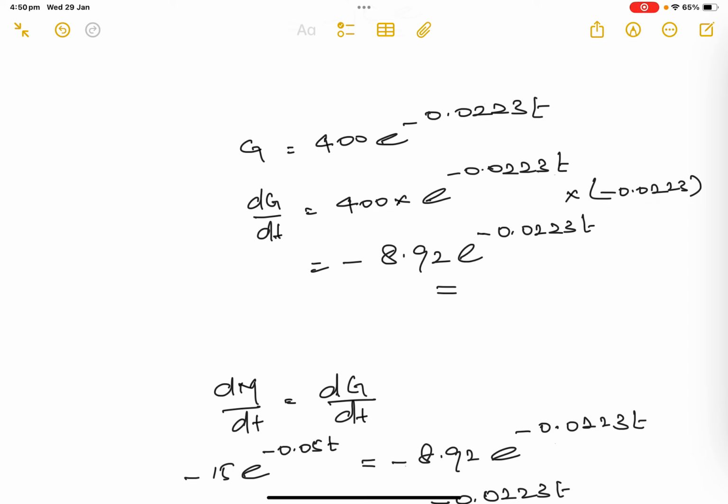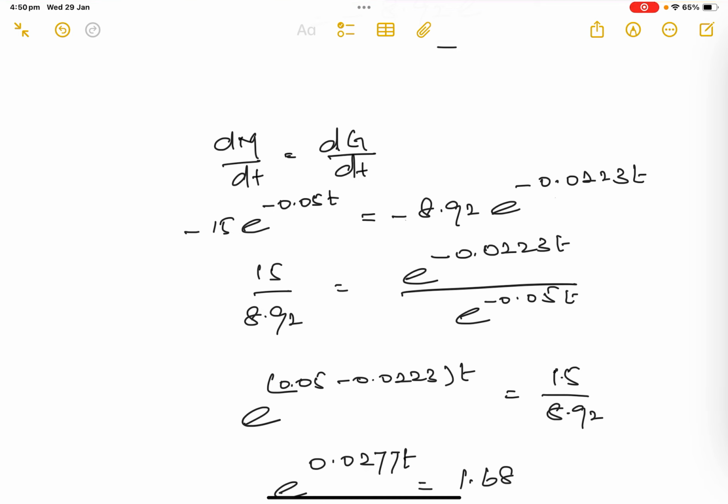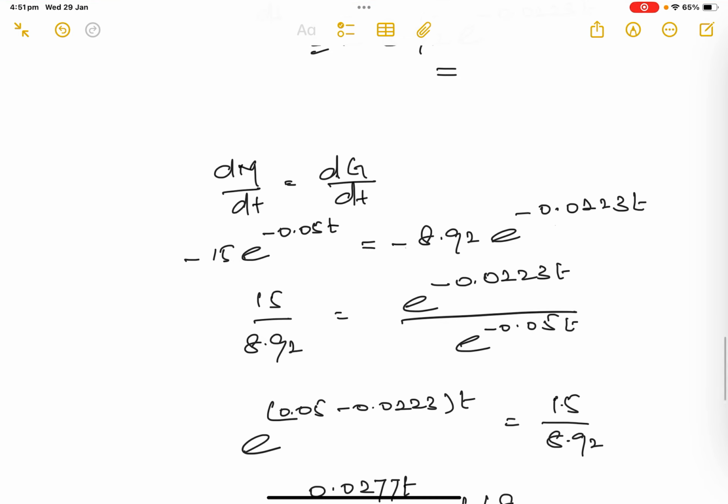Then take the minus to the front. 400 times this, using the calculator, is 8.92. So the rate of change of G is minus 8.92 e to the power of minus 0.0223t.